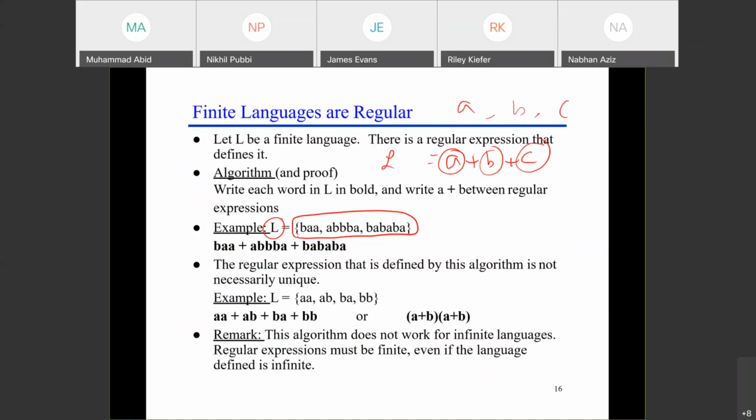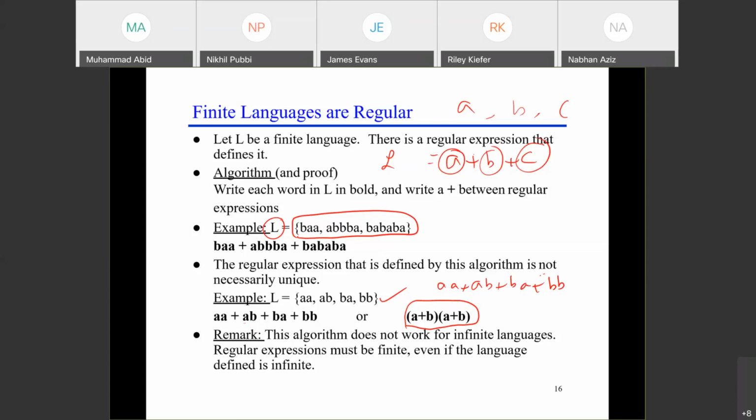Now this is another example. You have a language with 4 words. I write the 4 words here with the OR operator. But because we are familiar with set theory and taking common factors, I figure out that A plus B multiplied by A plus B gives the same thing: A with A, A with B, B with A, and B with B. All these terms are here, so this is exactly this thing.